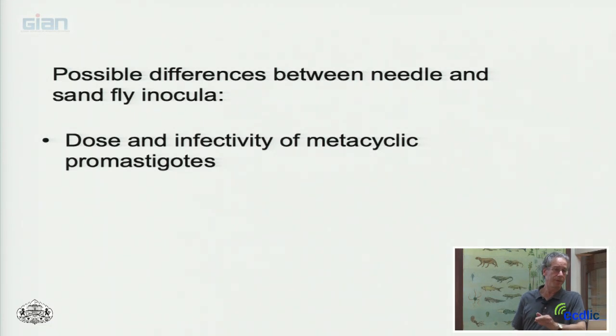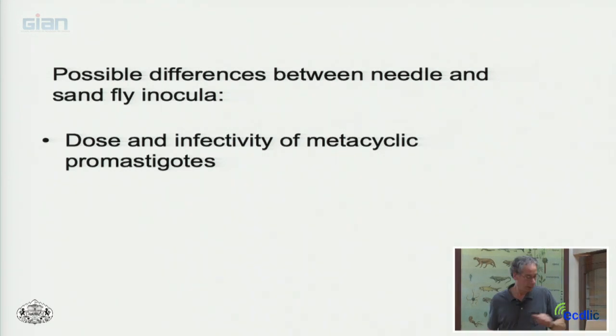And we now know sandflies deliver these beautiful metacyclics in variable doses, but a lot of the needle challenges were not well-defined inocula with regard to whether they had differentiated to metacyclics or not.